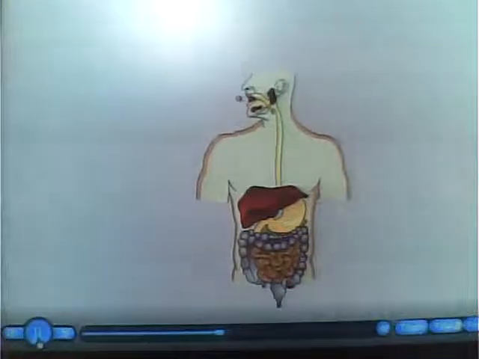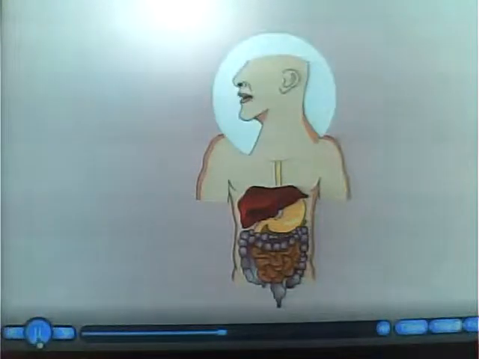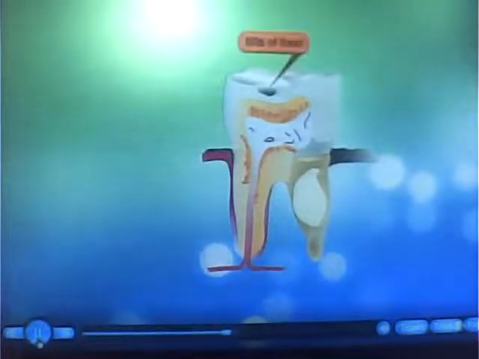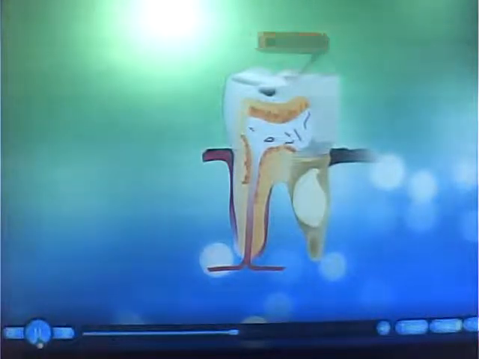Do you know about tooth decay and toothache? When we eat food, small bits of it get stuck between our teeth. Sometimes these bits of food stay between our teeth if we do not brush our teeth carefully. The bacteria present in our mouth react with the leftover food and form acids.